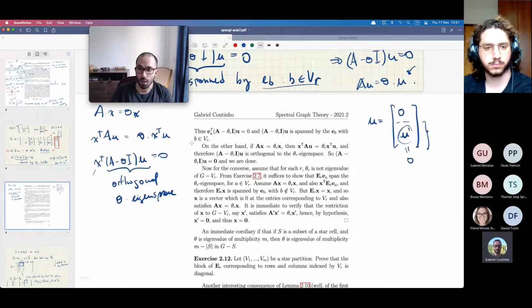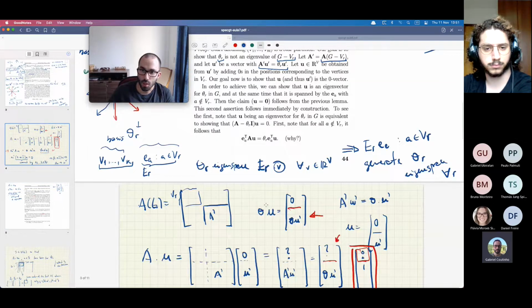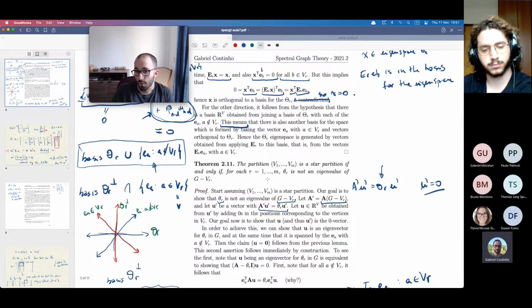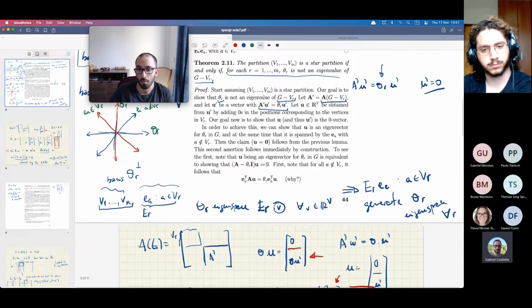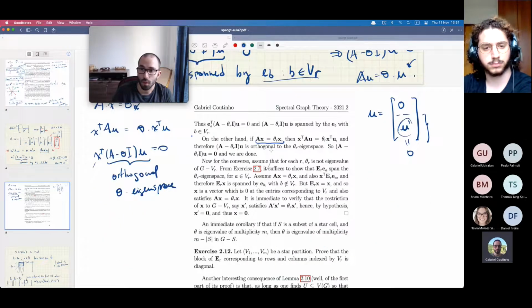Now, the other direction. Assume that you have this equation. I want to assume that if for all r, this guy is not an eigenvalue, then the thing is a star partition. Okay? So I am picking theta r an eigenvalue of the graph.